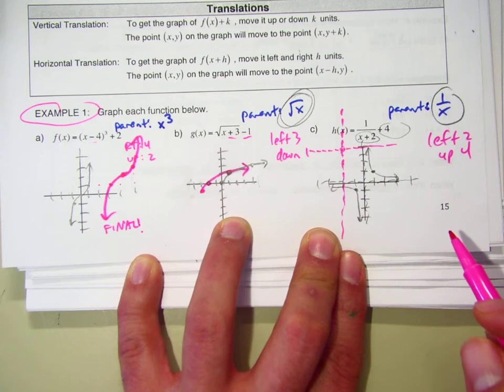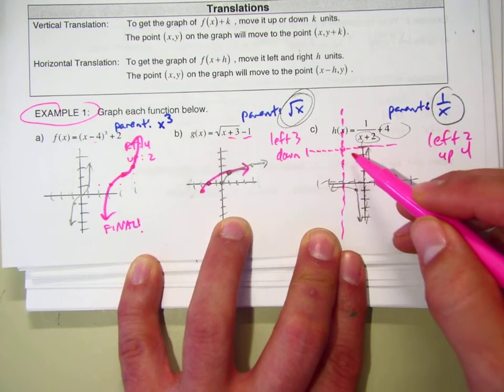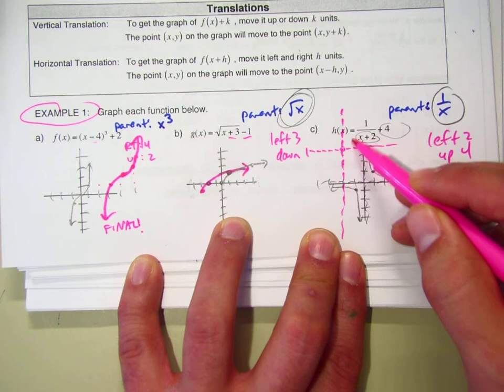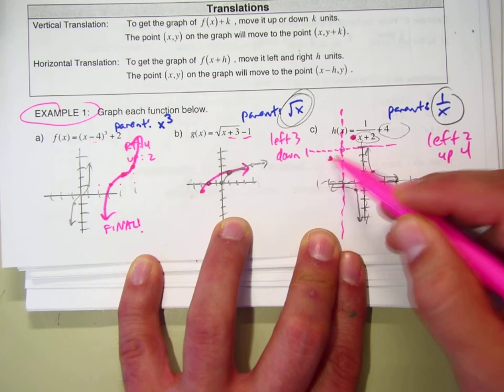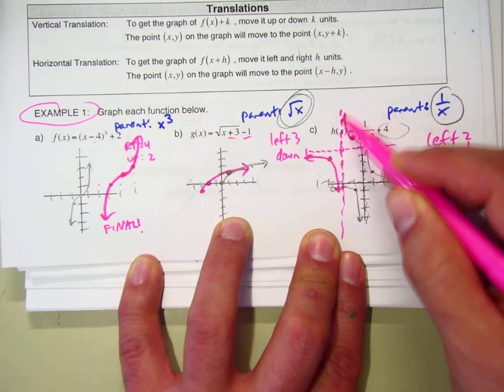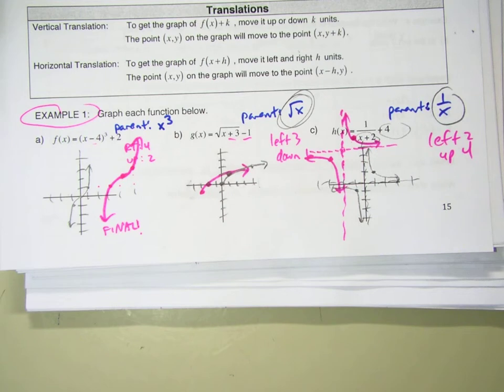Does everybody understand that? Okay, and if you get that much, how do you fill in the graph? Well, now you would just go 1 over and 1 up from that location, 1 over and 1 down from that location, and you just draw that shape right in. Okay. Does that make sense?